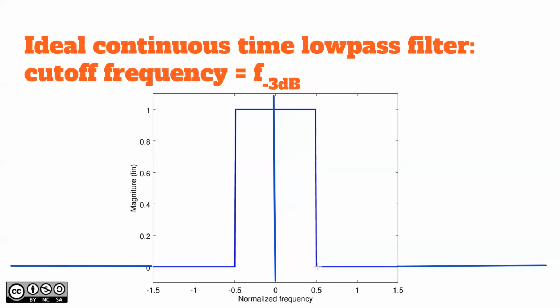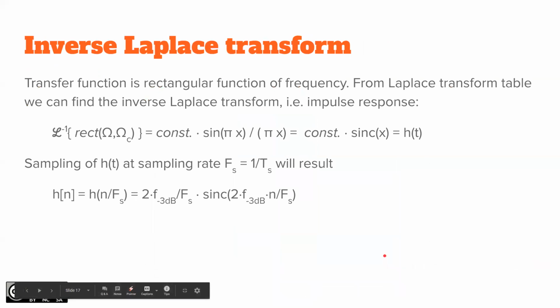And on both sides, we have this minus 3 dB point, now at 0.5 normalized frequency in this example. Just a moment, I will clear that, go forward.